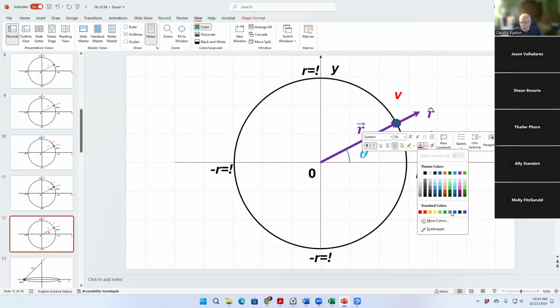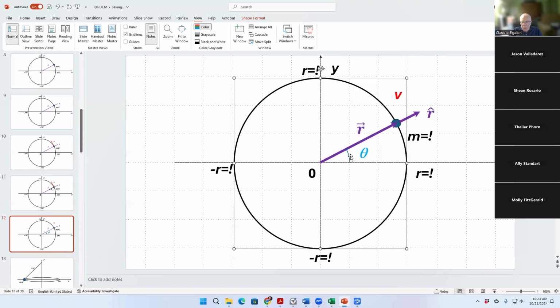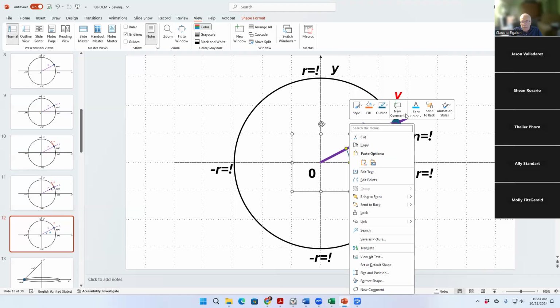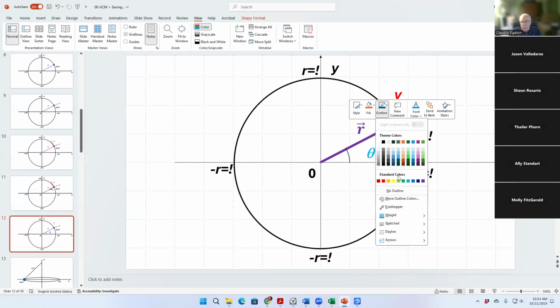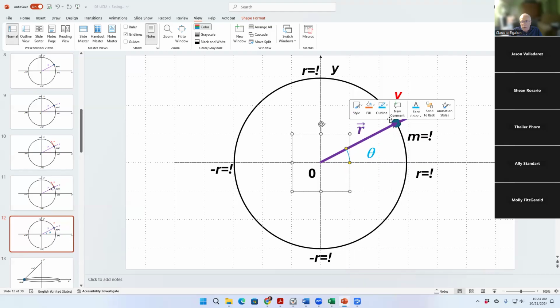Let's see which color. Yeah, I'm going to use this one here. And the angle tool will be right here.